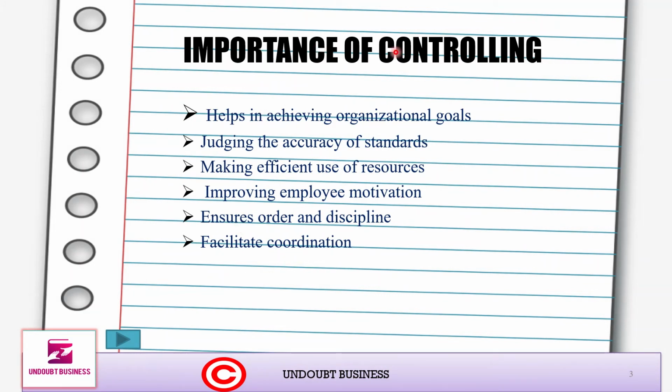So now let's talk about what is the importance of controlling in any organization. The first point here is helps in achieving the organizational goals. See, in the planning function, we have set a target, an objective, for the organization to be achieved, and all the functions that we have discussed, planning, organizing, staffing, directing, and controlling, help in achieving the ultimate goal of the organization.